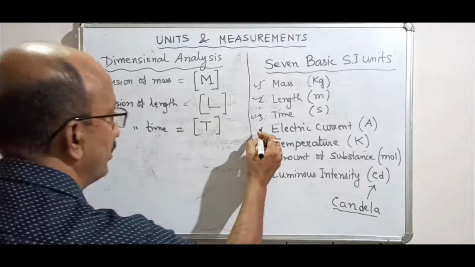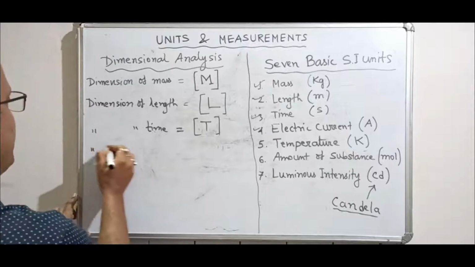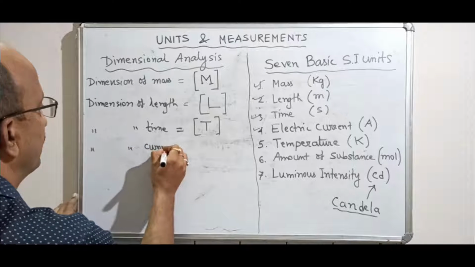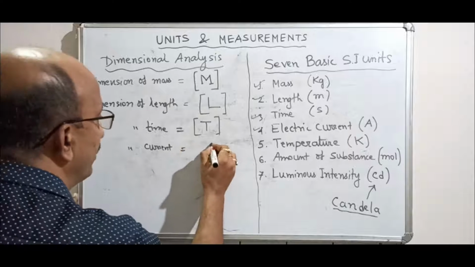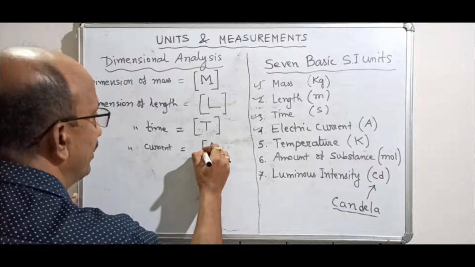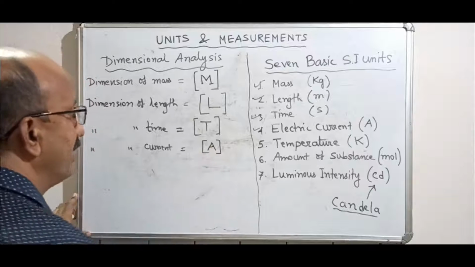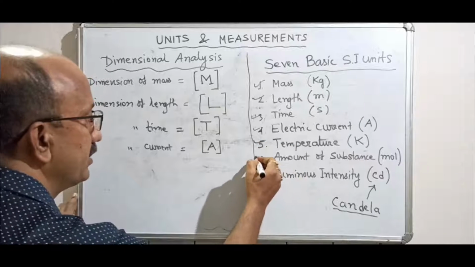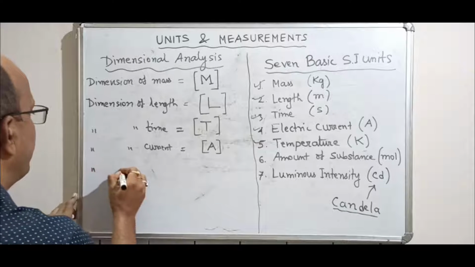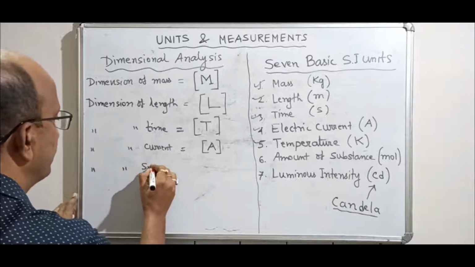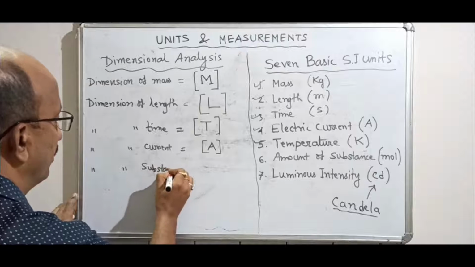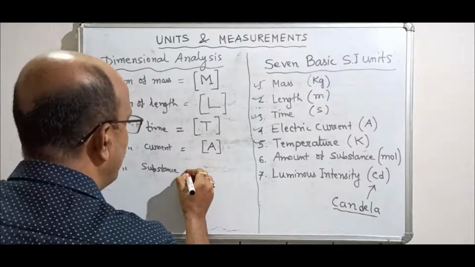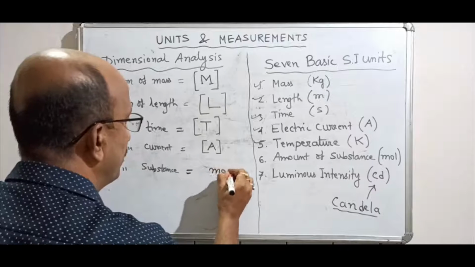Then electric current, dimension of electric current, current is A. Amount of substance, dimension of amount of substance, it is mole, M-O-L.